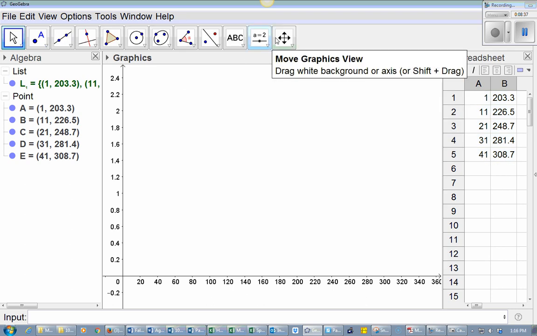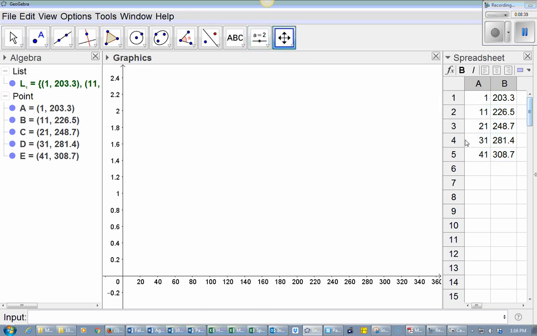And I just need to adjust my window so that I can see this data. X's go from 1 to 41, so I've got way too many X's here. Extend that to just past 40. And then Y's go from 200 to 300. I have not nearly enough Y's. Let's bring that down.